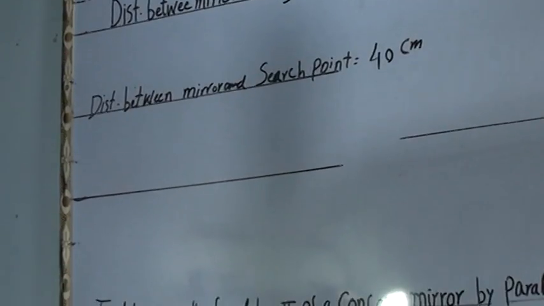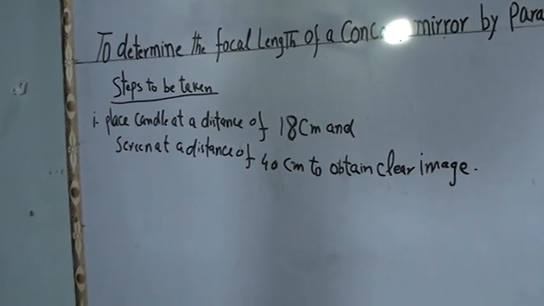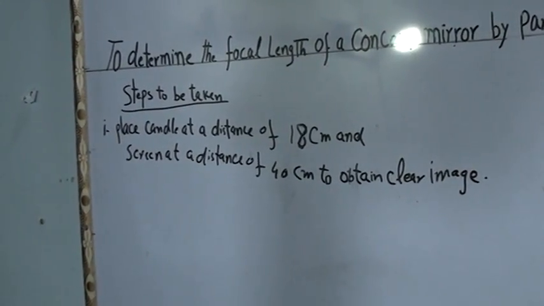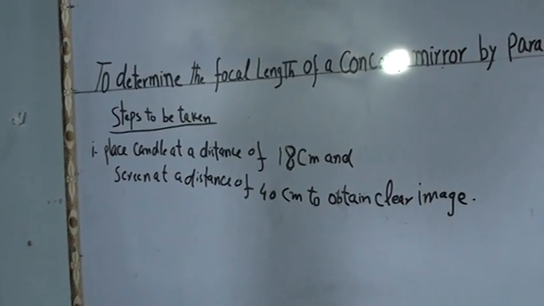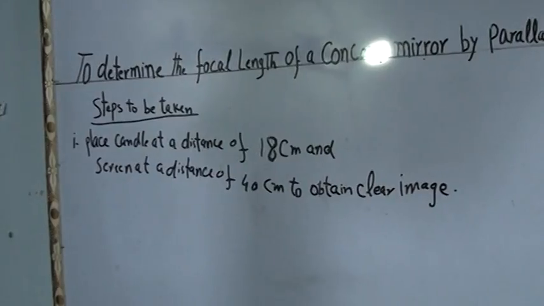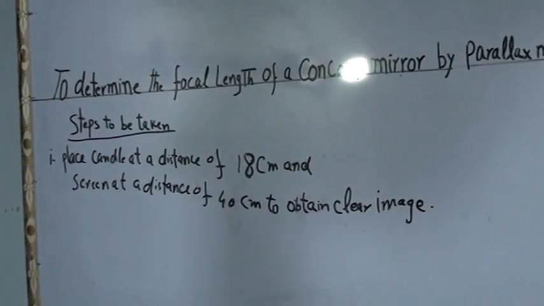So the first step that is required, we will place a candle at a distance of 18 centimeter while the screen at a distance of 40 centimeter to develop a clear image.